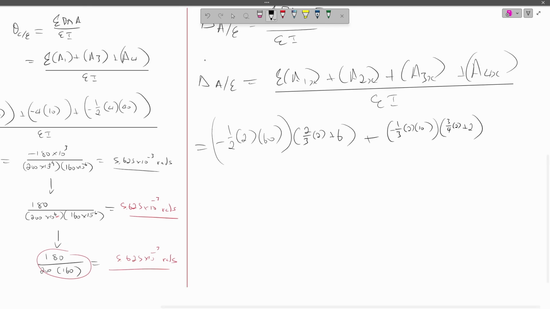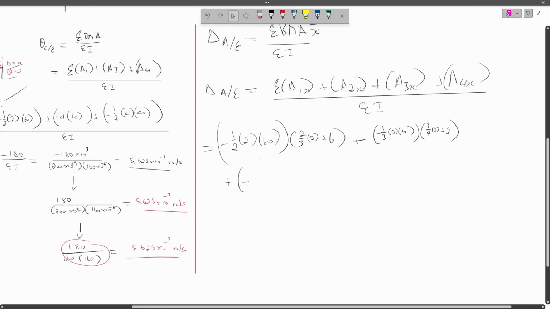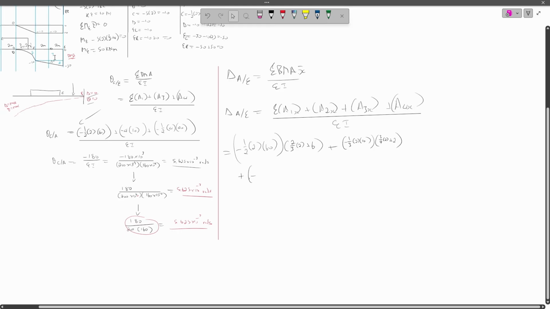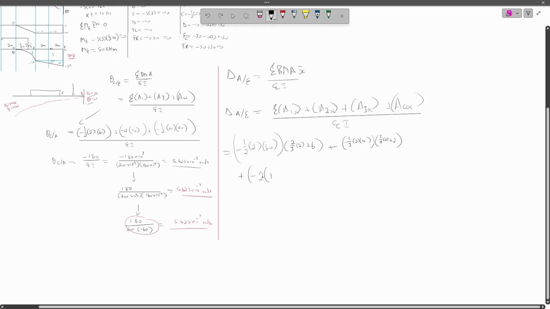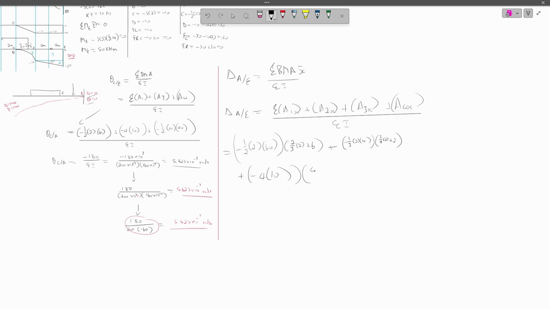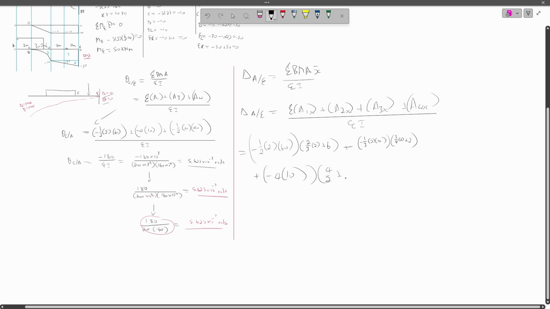And then plus our shape 3, which is our rectangle. We have minus 4 times 10 times our centroid, which is 4 over 2 plus 4.